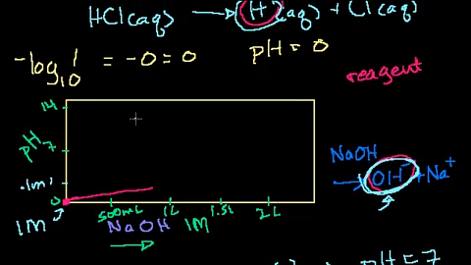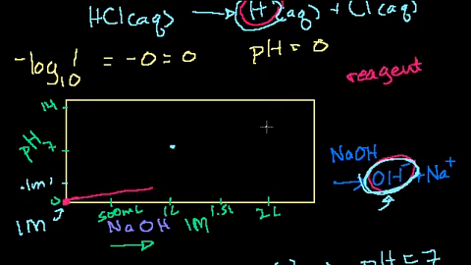So there's some point where your hydroxide concentration is equal to your hydrogen concentration, and your pH is going to be 7. And then above that, you're just adding more and more hydroxide. The hydroxide concentration is overwhelming your hydrogen concentration, and so you're going to get really, really basic. And since this is a strong base, you're eventually going to get to a pH of 14, because you're essentially going to have, well, you're not going to have 1 molar.